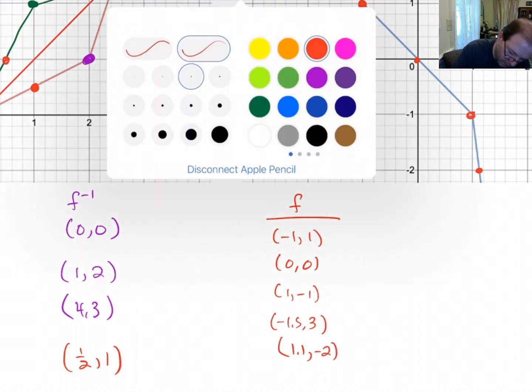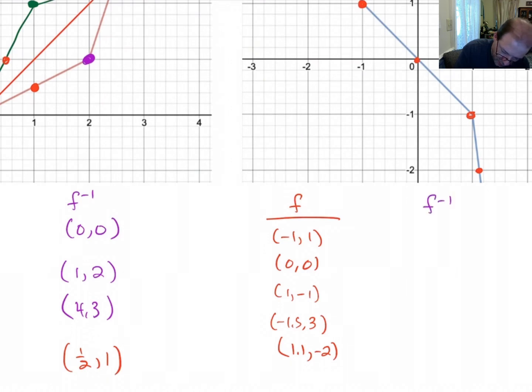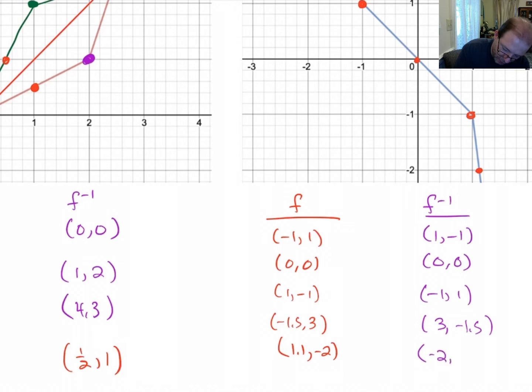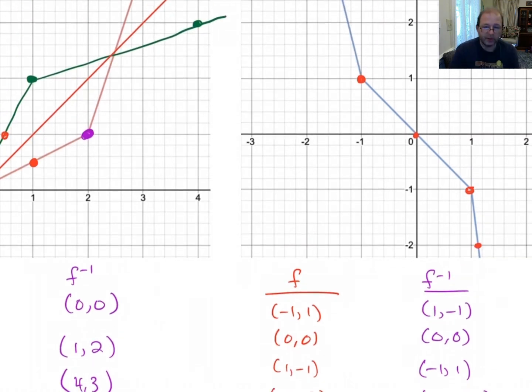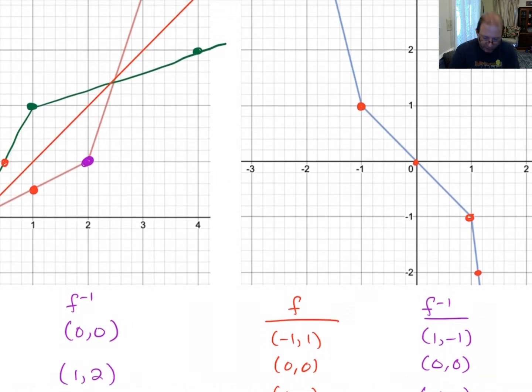So on the inverse, we're going to have the points (1, -1), (0, 0), (-1, 1), then (3, -1.5), and (-2, 1.1). Let's plot these, and we should get the mirror image of this thing.